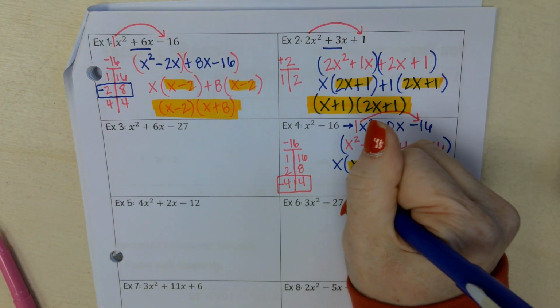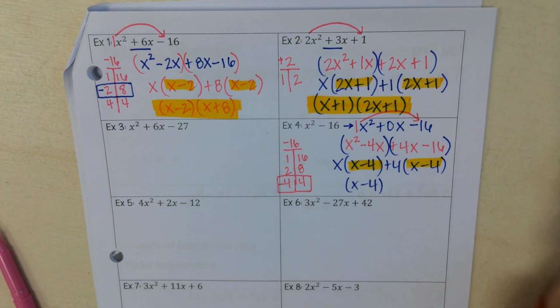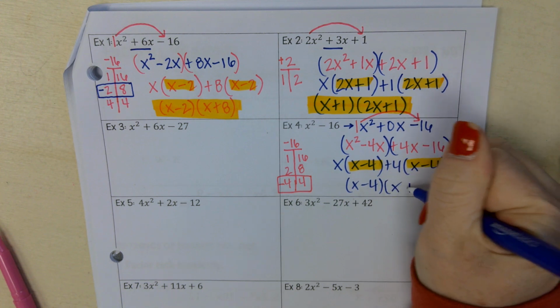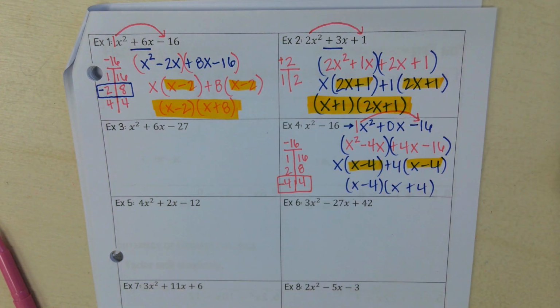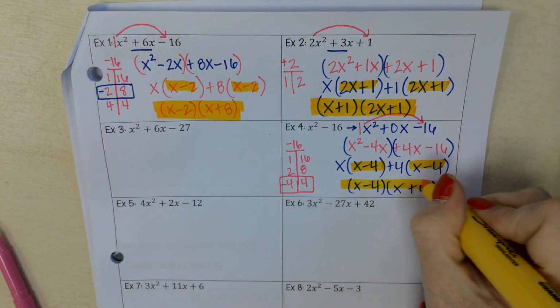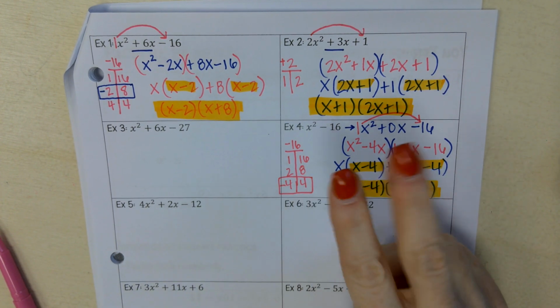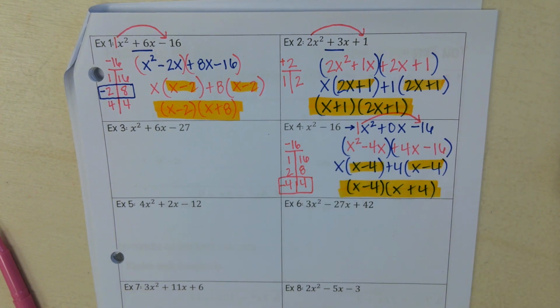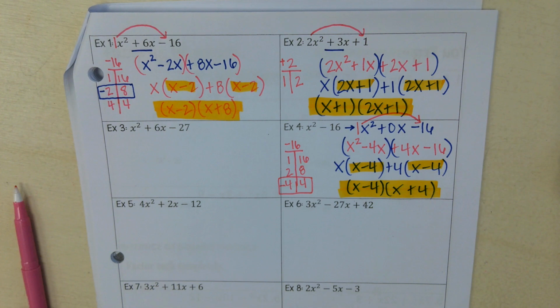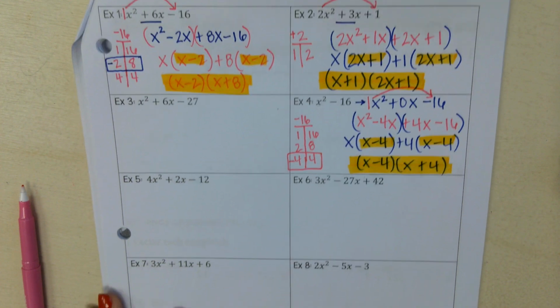So I've got x minus 4, and then the other one was a positive 4. Okay? The tricky part is finding the middle 2 terms. The rest of that, hopefully at this point, you're feeling a little bit more comfortable with factoring by grouping. Okay? If not, we're going to keep practicing. All right? Let's take a look at number 5.